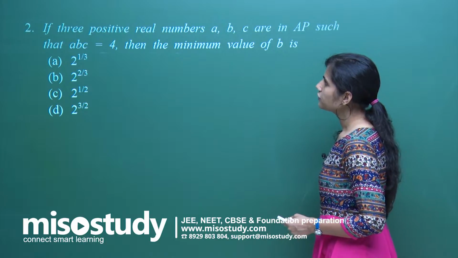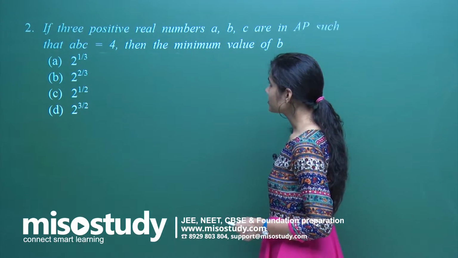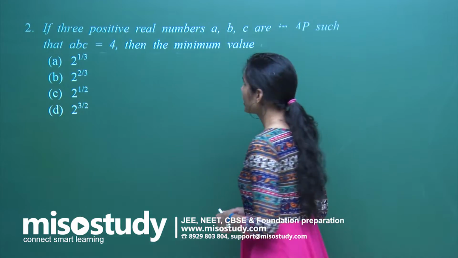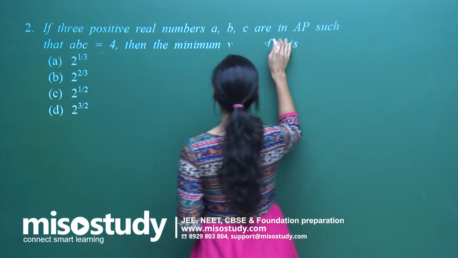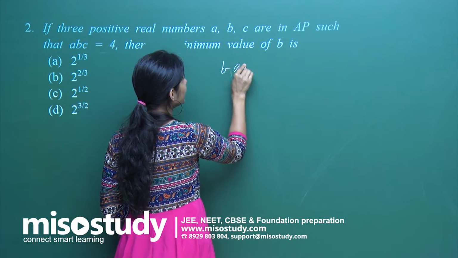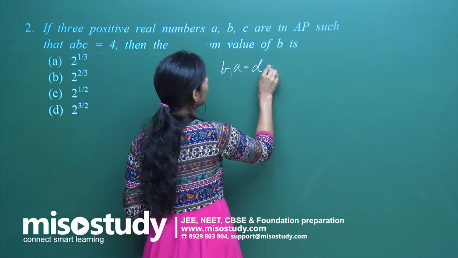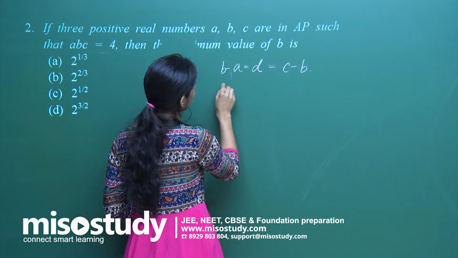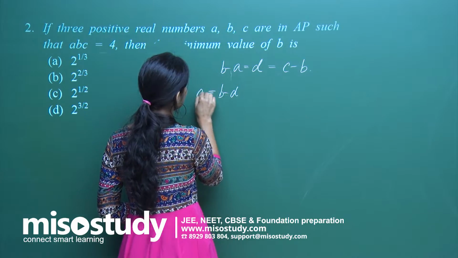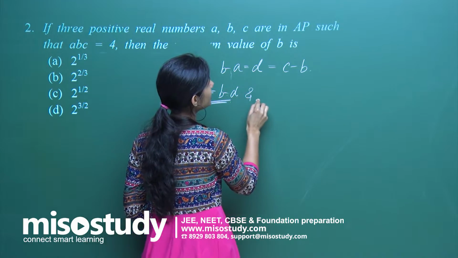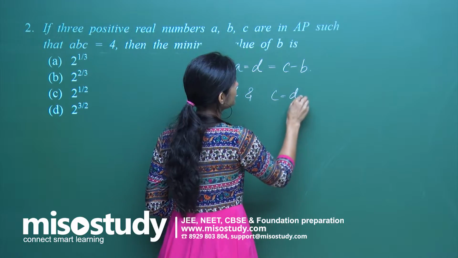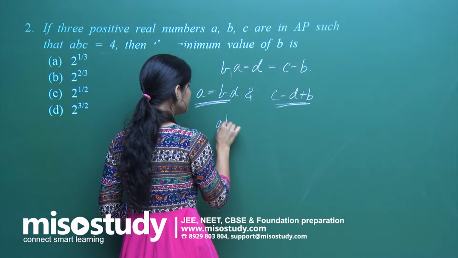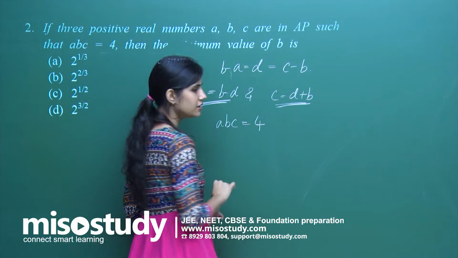Second question says that if three positive real numbers A, B, C are in AP such that their product is 4, then what is the minimum value of B? Okay, so if A, B, C are in AP, that means B minus A is the common difference D, and that is same as C minus B. This means that A is B minus D, and C is B plus D. Now A into B into C is given to me as 4.